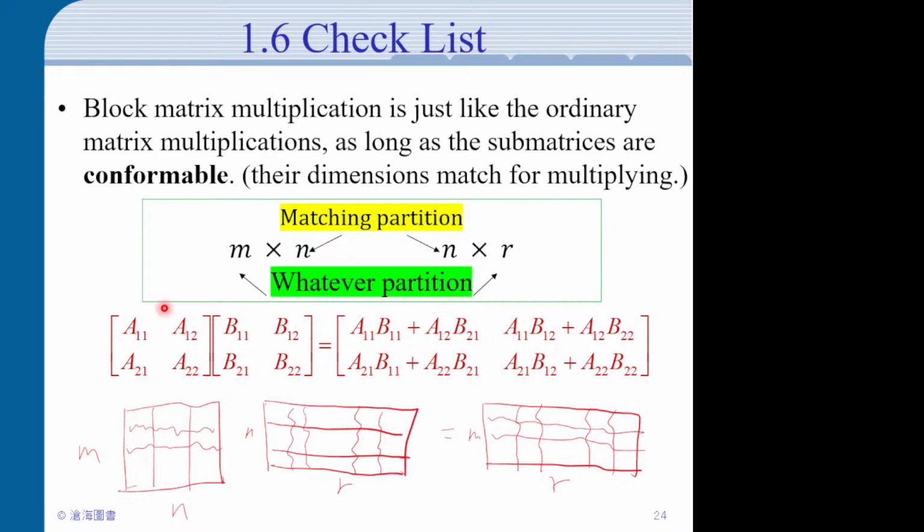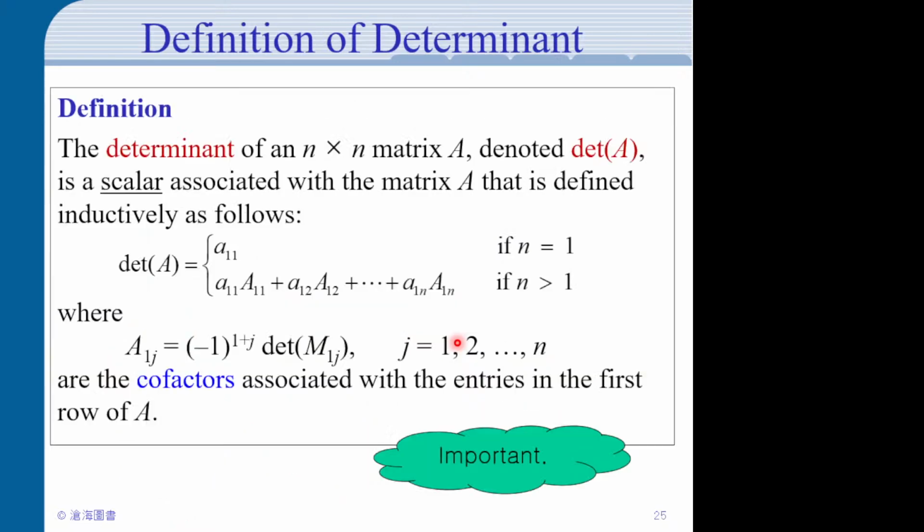The first block will be this block row times this block column, so it will be A11 times B11 plus A12 times B21. And remember, those are all matrices, so you do matrix multiplication to find out what each of these is. Okay, so that's block multiplication.